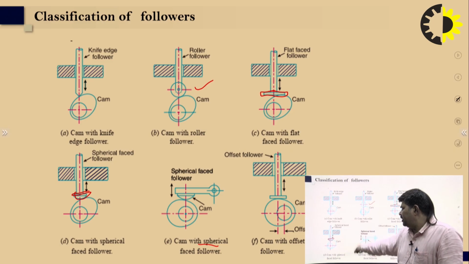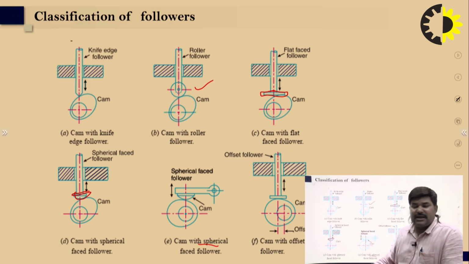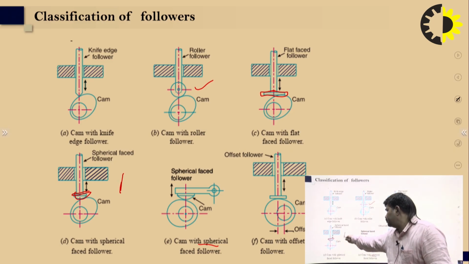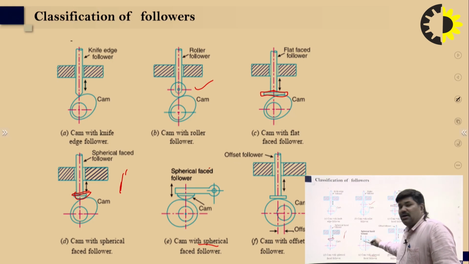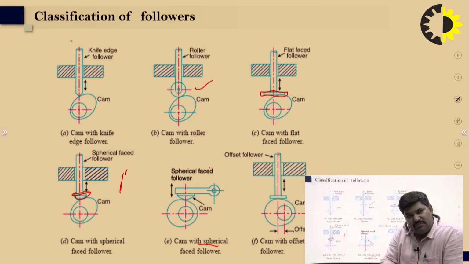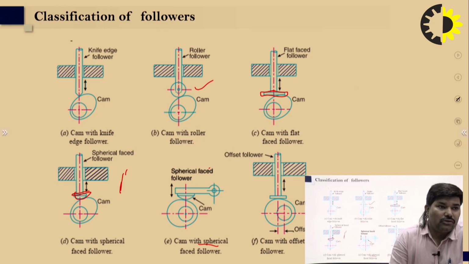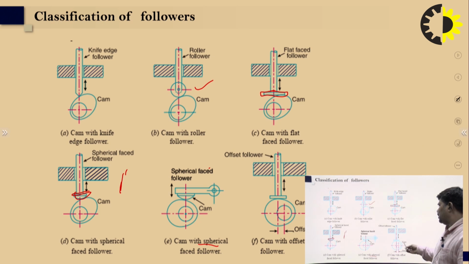Again, the orientation will be the same. In one case it reciprocates, and in the other it oscillates. The orientation will be the same, but the position of the connection between cam and follower will differ, and the shape of the follower will be the same. Different types of motion will be converted through this, and in this case again it is the offset follower.